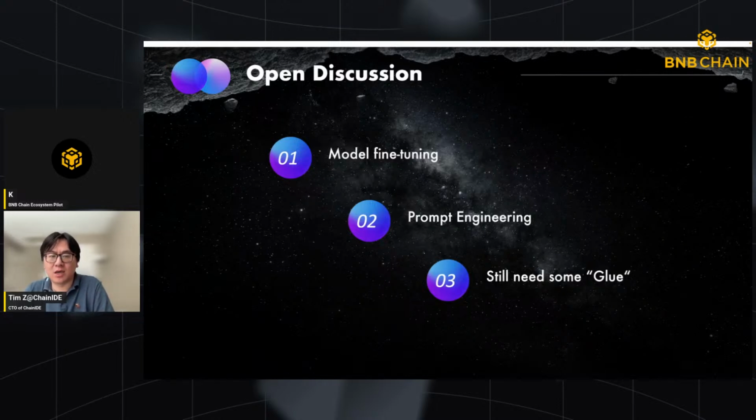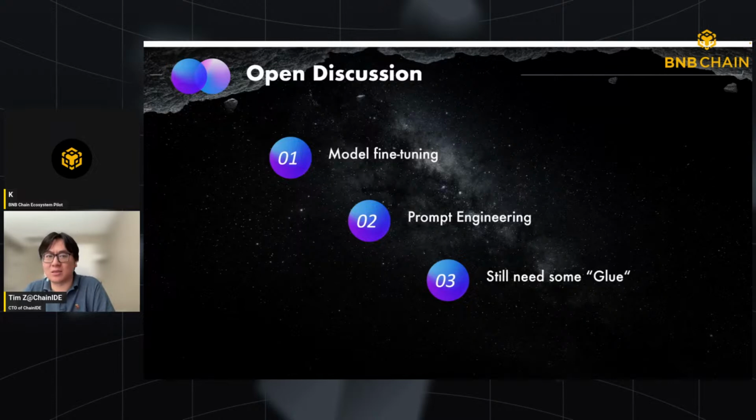After trying this, we learned a lot, and we also plan to have all these AI helpers and the AI task orchestrator integrated in ChainIDE in the future. We already formed a team to develop this part.